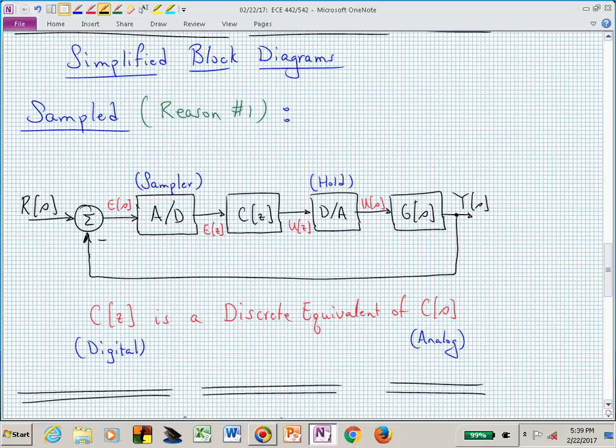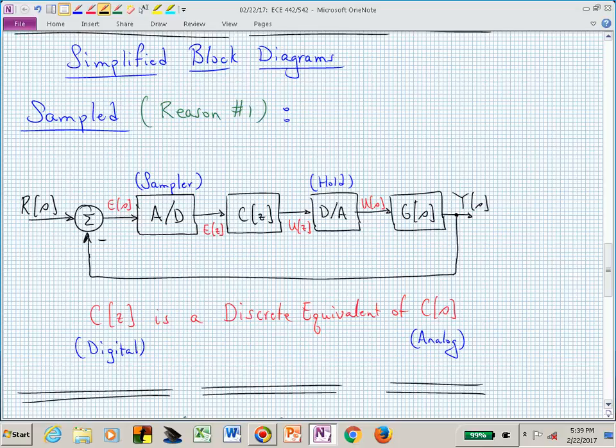And we will simply apply a hold, which means you give me a number, I'm going to hold that value until the next sample period. You give me another number, I'm going to hold that until the next sample. So it's going to be flat, it's going to look like a stair step, but at least it's continuous time in nature. We want to be able to find what capital C of Z is if we started with a C of S. Maybe somebody came out of 441A or 541A.